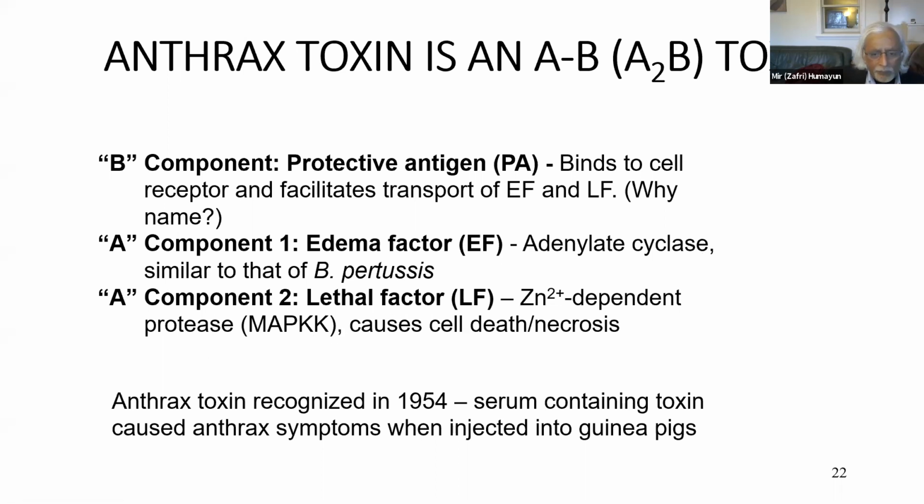The anthrax toxin was recognized in 1954, and serum containing toxin caused anthrax symptoms when injected into guinea pigs. That's how we know that it is this toxin that causes the disease of anthrax.